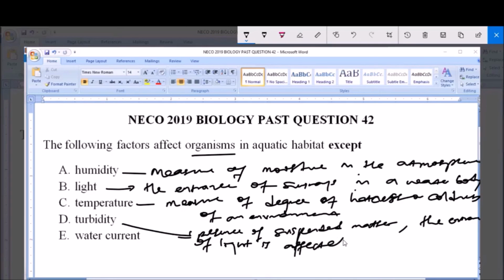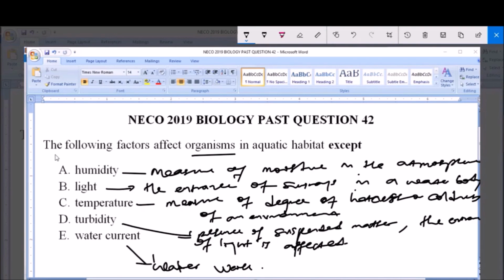Then E says water current. Now, water current simply refers to the activities in the water. Water currents are usually common in aquatic ecosystems, and they increase aeration and turbidity. So it is like, let me say, the water wave. That's what water current simply represents.